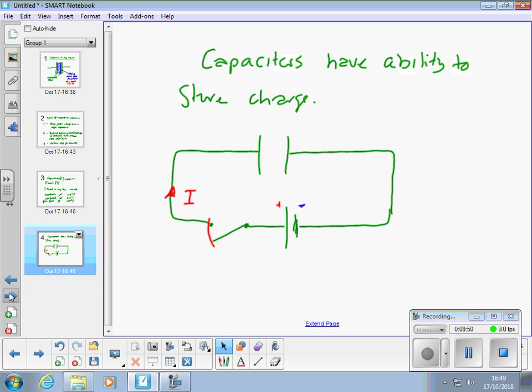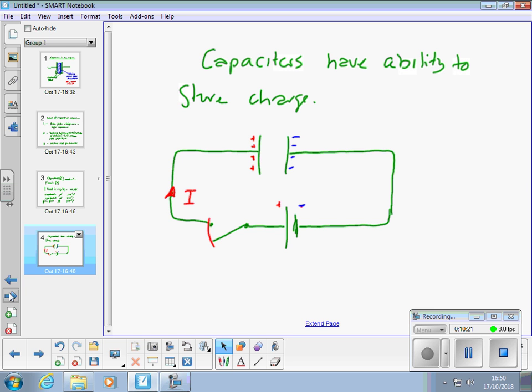What actually happens over a period of time, which is next week's lesson, is we'll end up with negative electrons, and I'm going to draw 4 of them on that plate, and the equivalent number of positive atoms on the other plate.